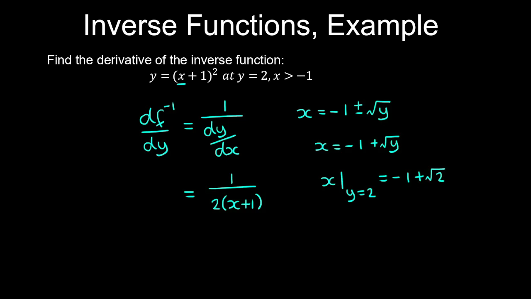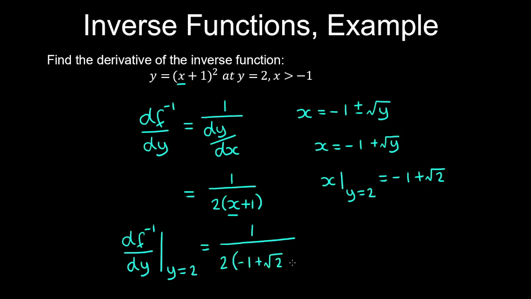And if we substitute this into this expression, we can evaluate the derivative of the inverse function at y equals 2, which is equal to 1 over 2 root 2.